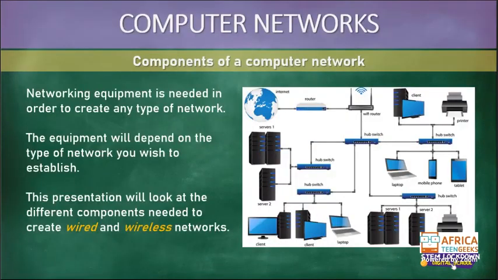We quickly move on to today's content. Looking at components of a computer network. As we discussed yesterday, a computer has different hardware devices which are connected together through different ways of communication for the purpose of sharing both resources and files.